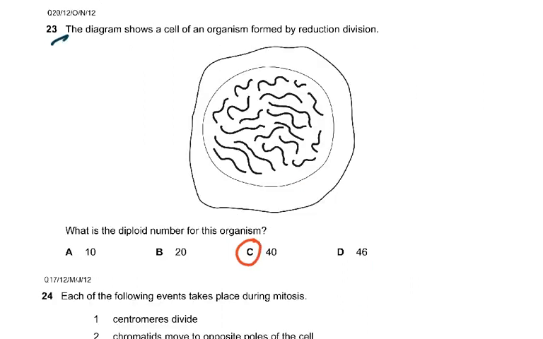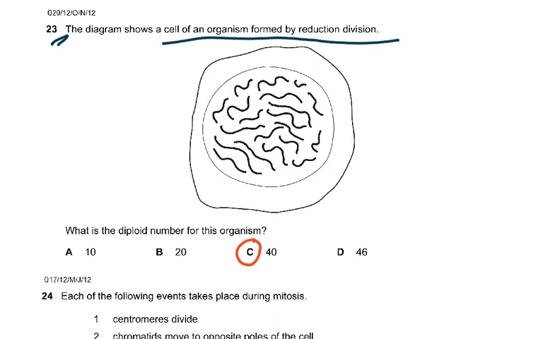Question 23. The diagram shows a cell of an organism formed by reduction division. What is the diploid number? So I always say, start marking it. Let's do it with the red color.